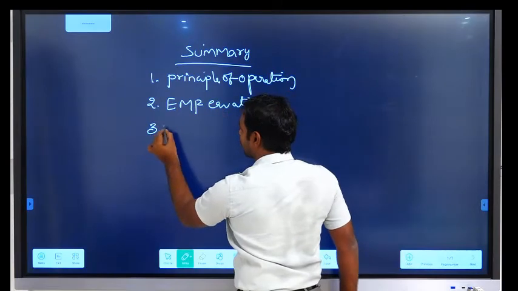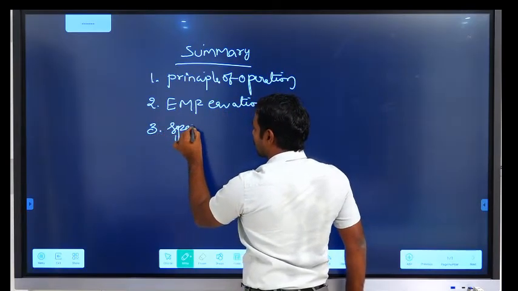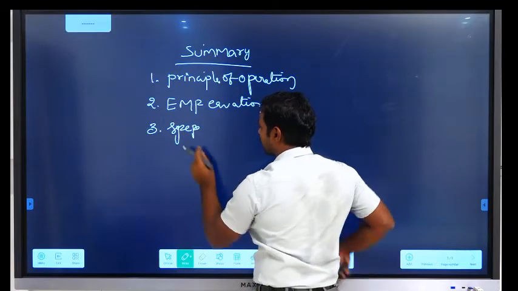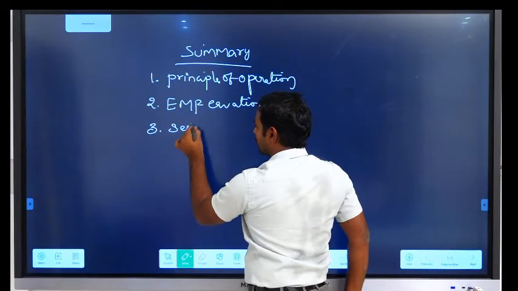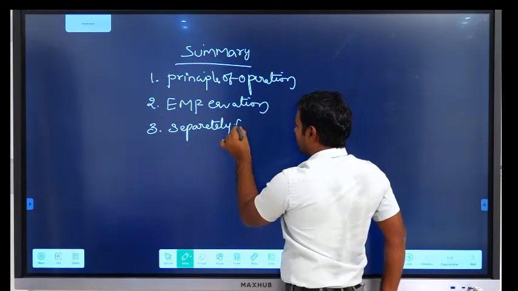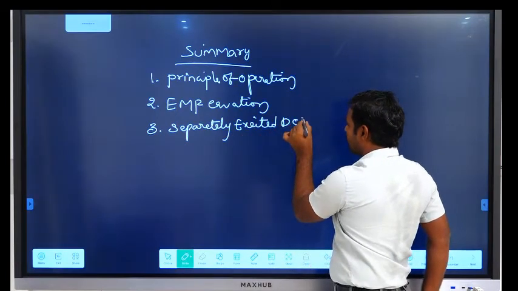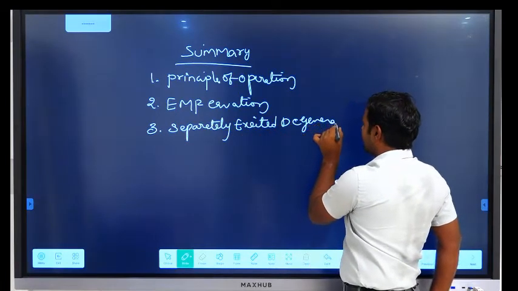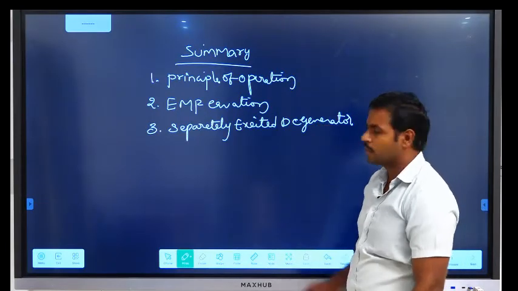Third one is types of separately excited DC generator. So these are the topics to be covered in today's class.